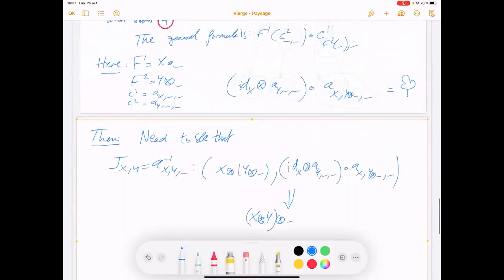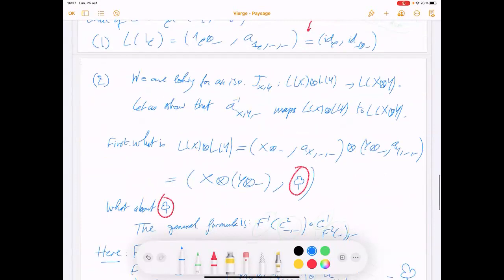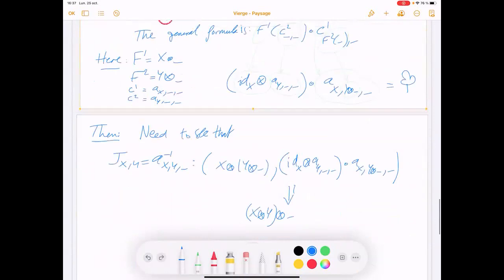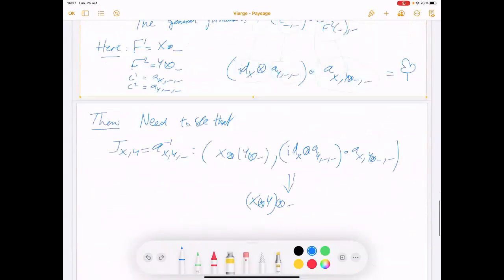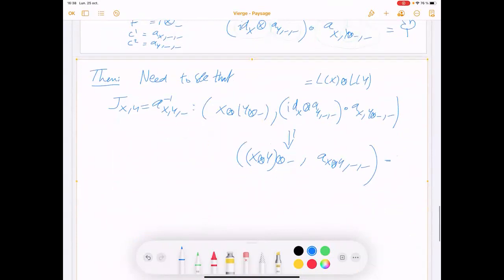So this corresponds to this object here. So this is L. So this is equal to LX tensor LY. And X tensor A_{X tensor Y, something}. And this is equal to L(X tensor Y).